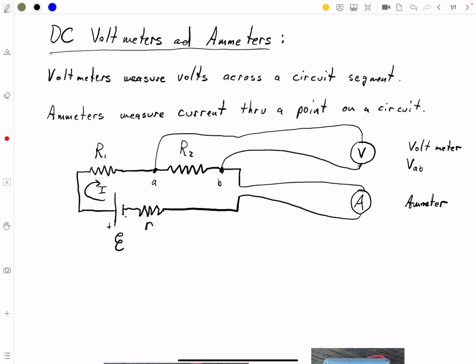So a voltmeter is a parallel measurement. Parallel, and an ammeter is series, inline. Okay, so that's how these two things work.